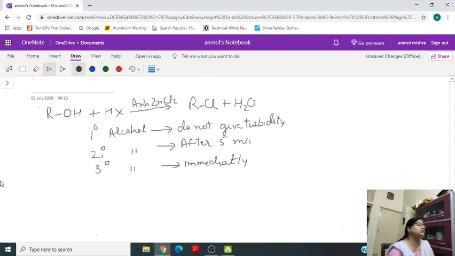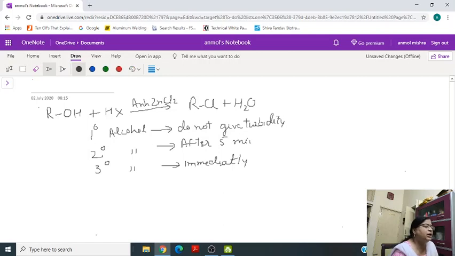Very important reaction. A question is asked how will you distinguish between ethyl alcohol and isopropyl alcohol, or tertiary alcohol and secondary alcohol. By name it may be asked, or it may be asked by classification. So you should know primary alcohol does not give turbidity, that is white precipitate.